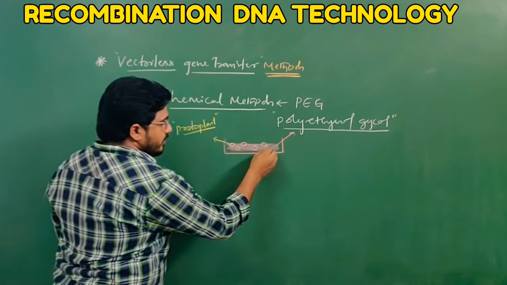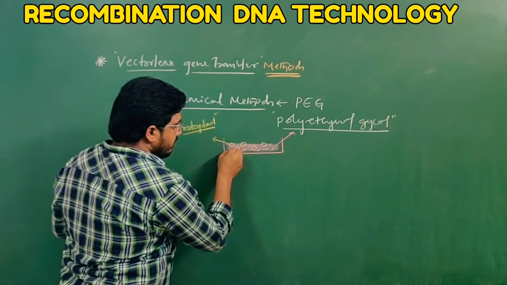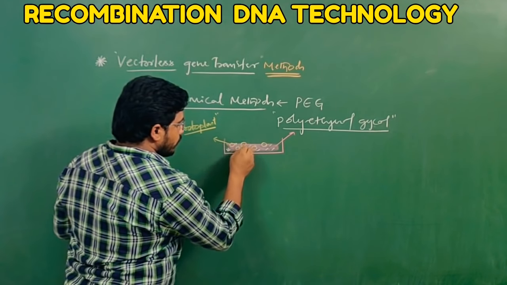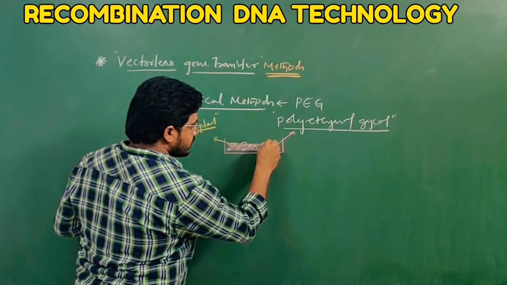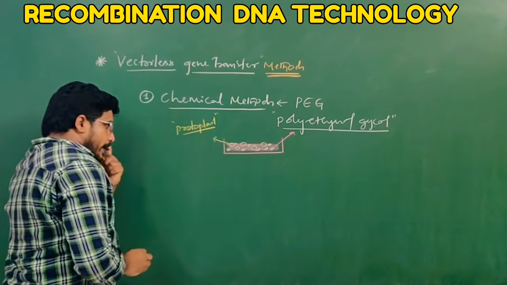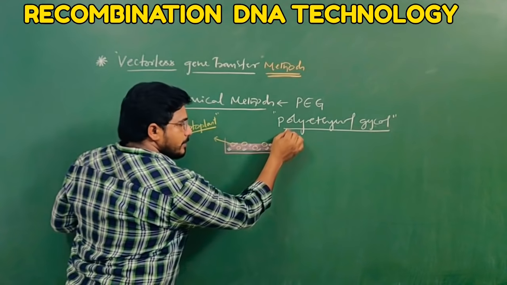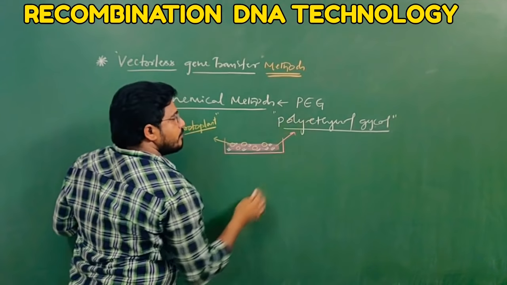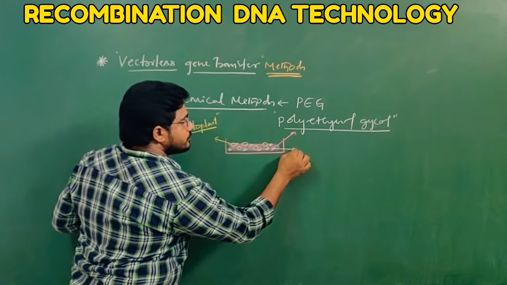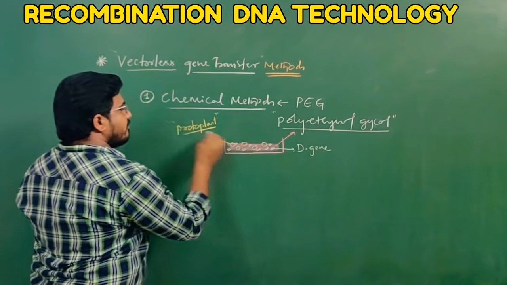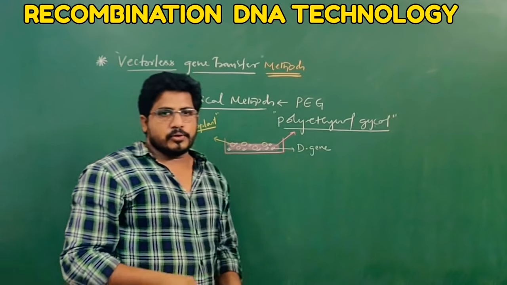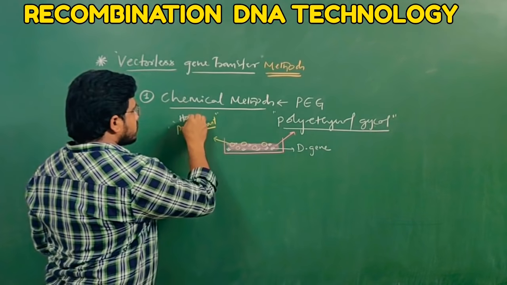In the same medium we also place our desired genes. I already told you in this class how we have to collect the desired genes from the source. So in the medium the chemical PEG is present, and in the same medium the desired gene is also present. In the same medium we introduce the protoplast. Protoplast is nothing but the host side.